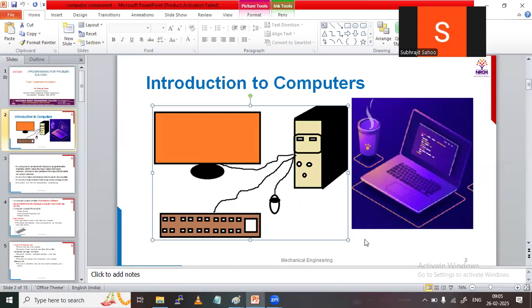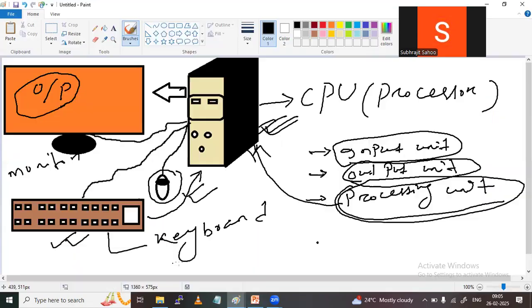Every accessory we connect here only. The keyboard is connected here, the mouse is connected here, the printer also. Suppose I want to connect a printer, I will connect it here only. Speaker also I will connect here. Mic also I will connect here. Every device is connected here only. Several ports are available. We can connect here, right?